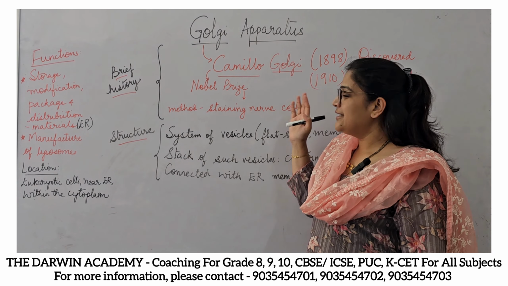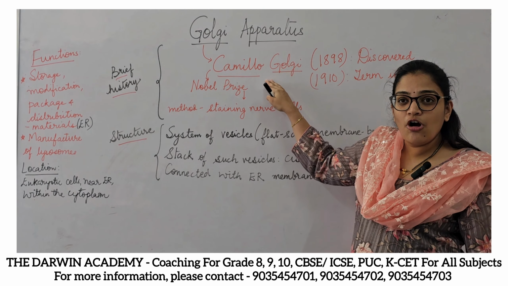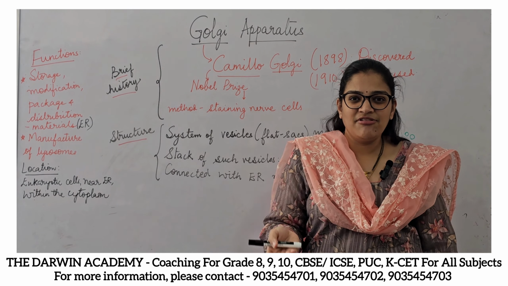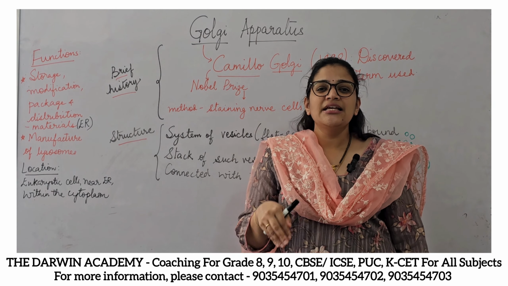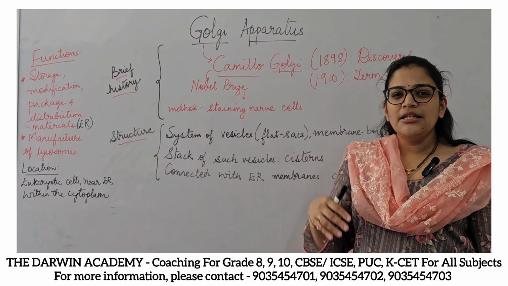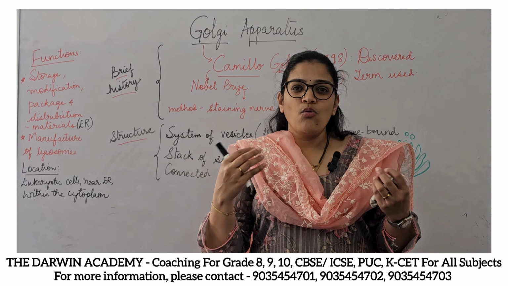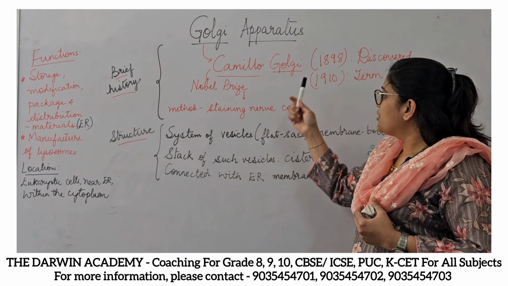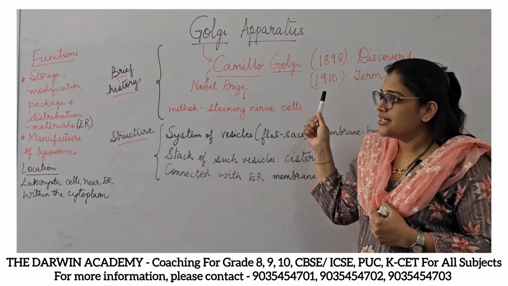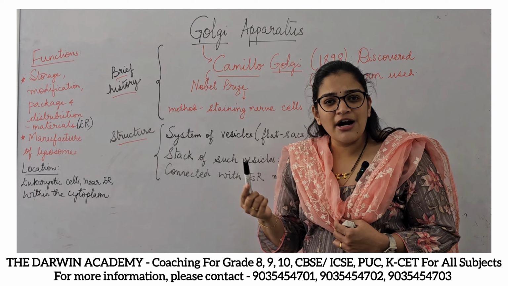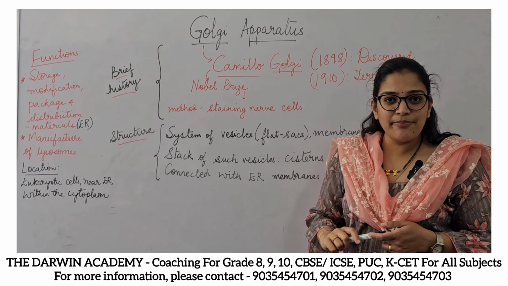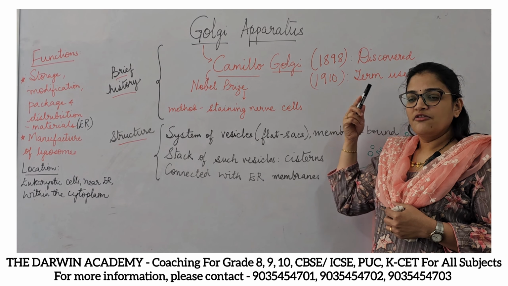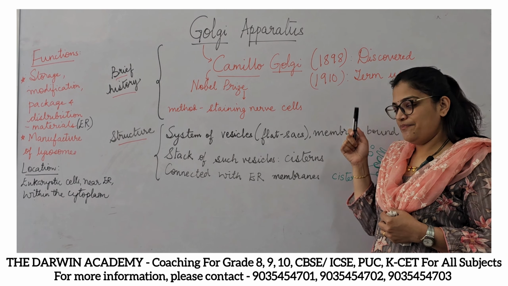A scientist by the name Camillo Golgi, who was from Italy, studied the nerve cells extensively, and within these nerve cells, he was able to spot layers or stacks of vesicles that he called the Golgi apparatus. It was in 1898 that Camillo Golgi first discovered the Golgi apparatus. The name Golgi apparatus that we use today was first used in 1910.